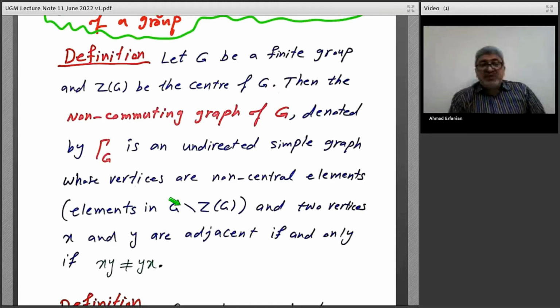So we have to remove the center from the set of elements of G. So G minus the center is the vertex set, and two vertices X and Y will have an edge between them if and only if X and Y do not commute, which means XY not equal to YX. So we say non-commuting graph for a given group G.